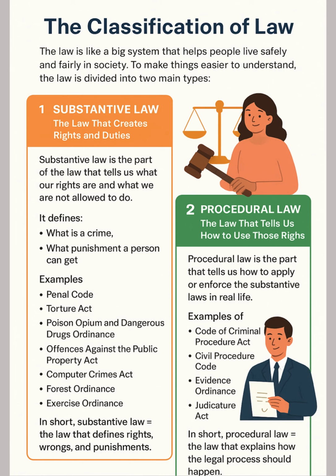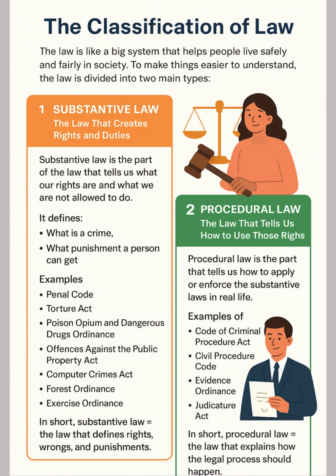So, the examples of substantive law. The first one, Penal Code. Penal Code tells what acts are crimes, for example theft or murder, and their punishments. Torture Act protects people from being tortured, and the Poison, Opium, and Dangerous Drugs Ordinance controls the use of illegal drugs.